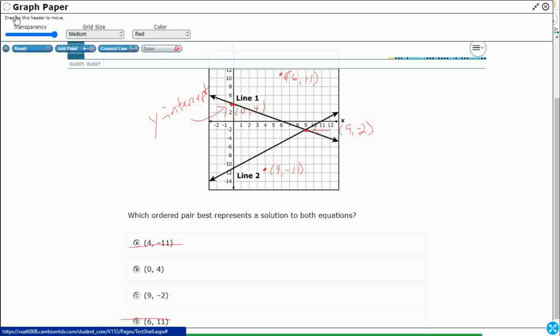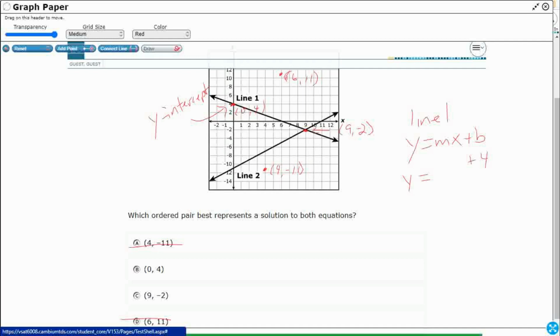So what this means is, let's find line 1. Line 1, y equals mx plus b. We know what our y-intercept is going to be. That's a plus 4. If we wanted to find the slope, we would take 2 points.